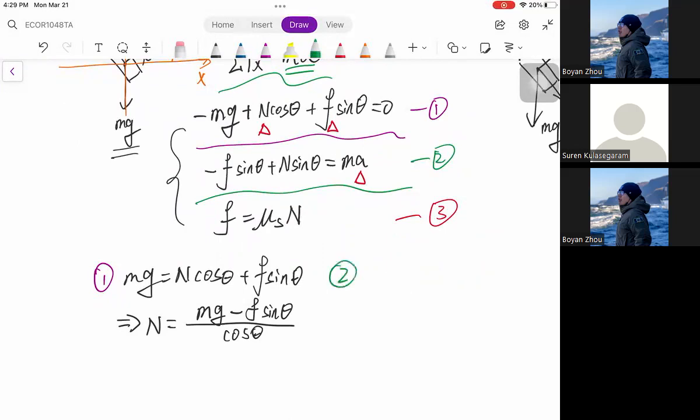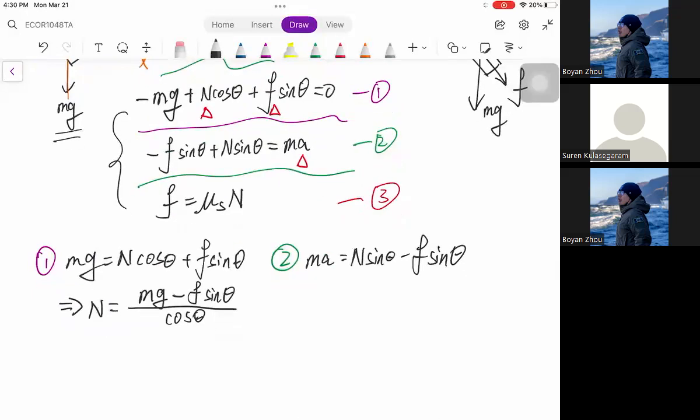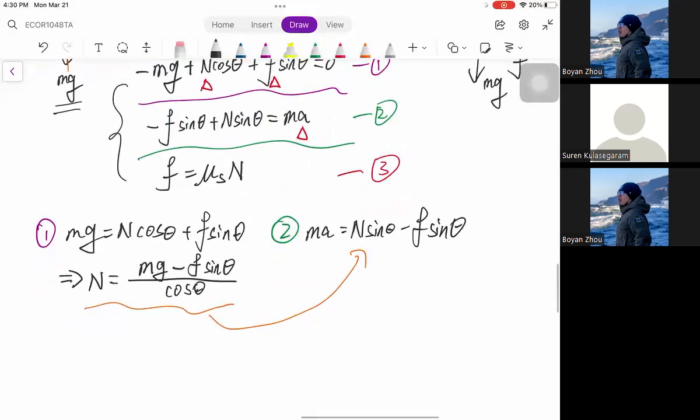And from the second equation, simplify everything, we can get a is equal to, well, actually, I'll just rewrite it. Then we plug in the expression for N here. That is what I mean by the math is going to be so ugly.